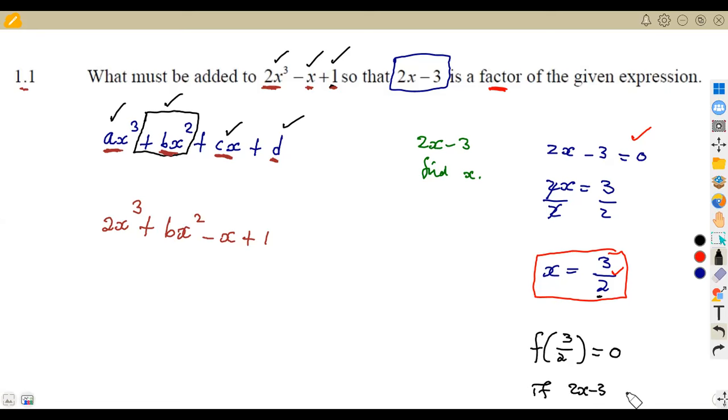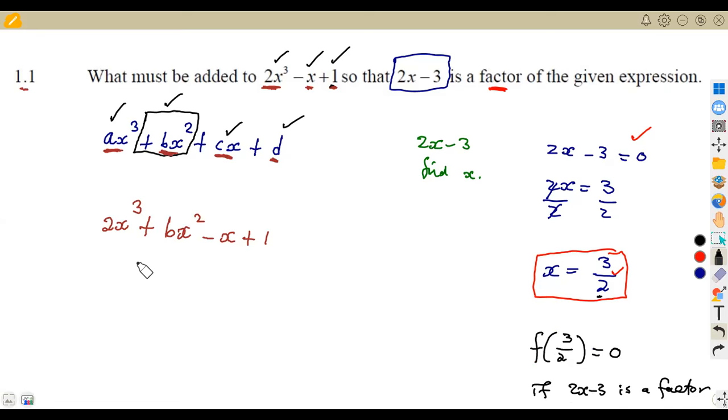If 2x minus 3 is a factor, then it means that f of 3 over 2 is supposed to be equal to 0. Are we together on this part? But if it is a condition of the remainder theorem, f of 3 over 2 is supposed to be equal to the remainder.